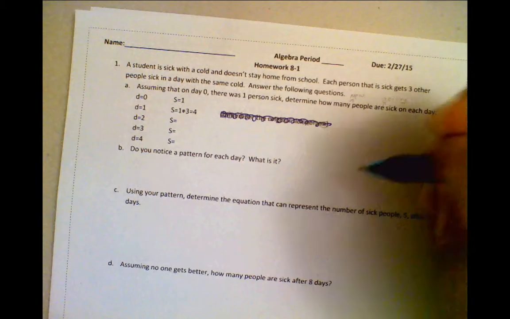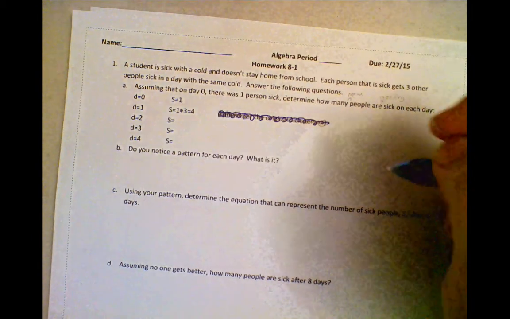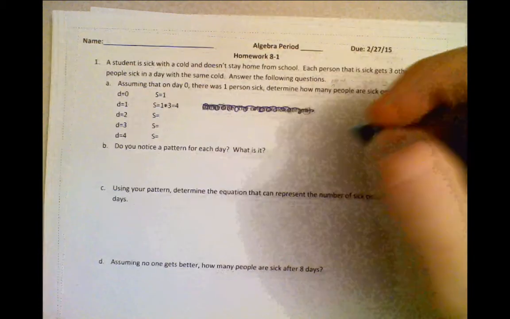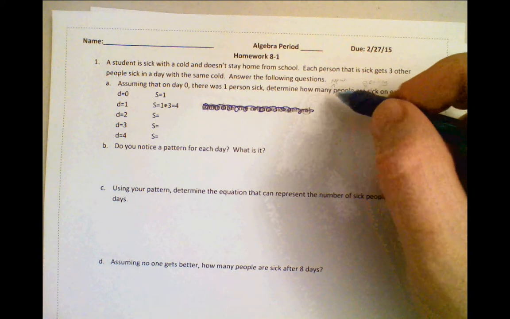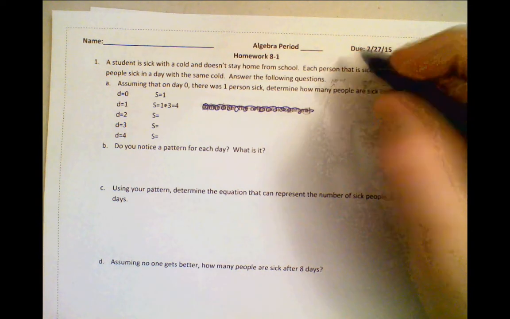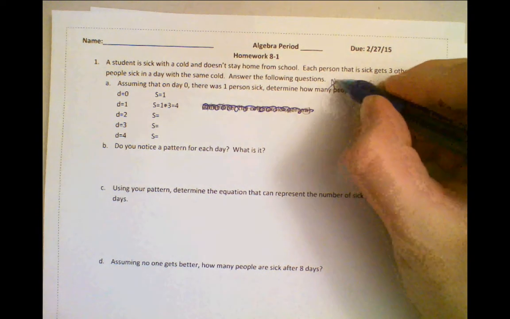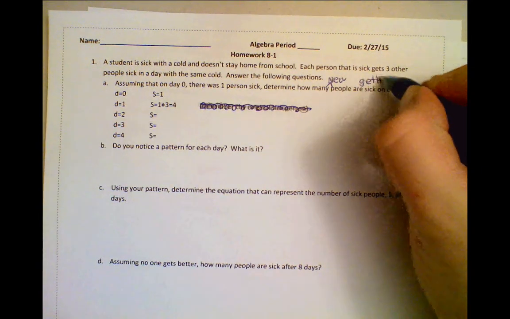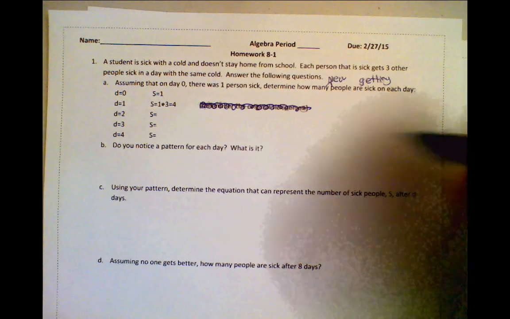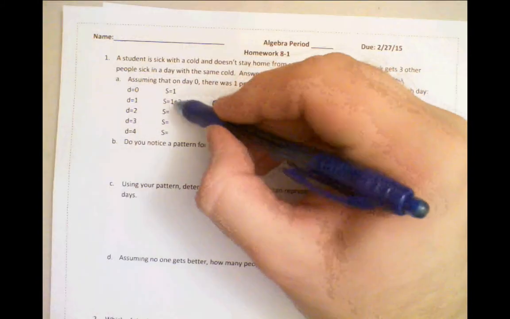Number one, I made it more complicated than it needed to be, so I'm changing a few things. Assuming that on day one there's one person sick, determine how many new people are getting sick on each day. The only other thing you need to change real quick is multiplying this by 1.